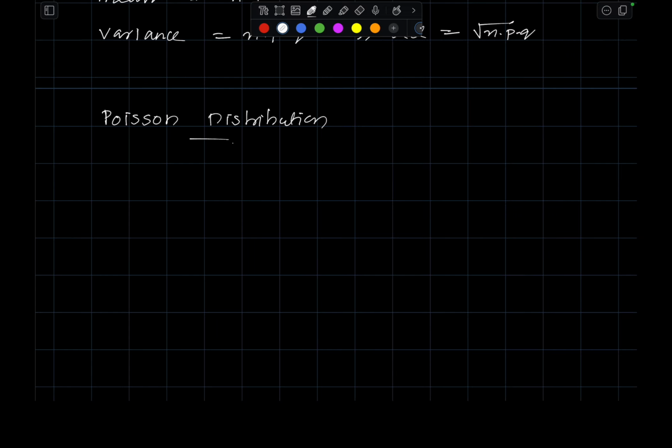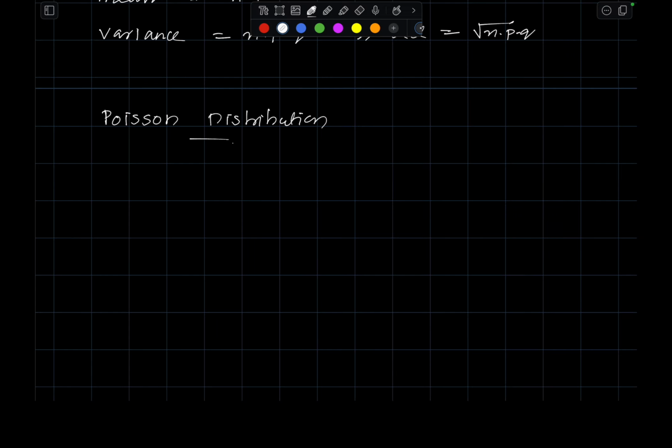For example, let's take an example of people going to a hospital. We are trying to analyze the patients coming in a particular interval of time. So in between 1 and 1:30 p.m., 1:30 to 2:30 p.m., like that. So in that case, the distribution of how the patients are coming in each particular interval. So here we are looking into the interval specifically, and we are assuming that there is a constant rate or constant mean in each particular interval.